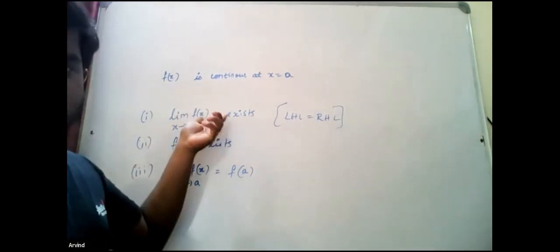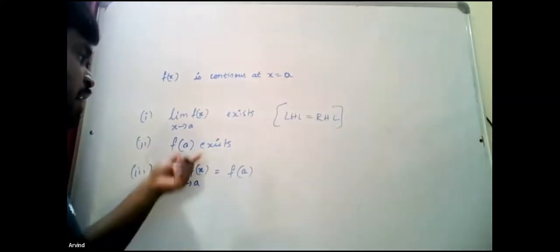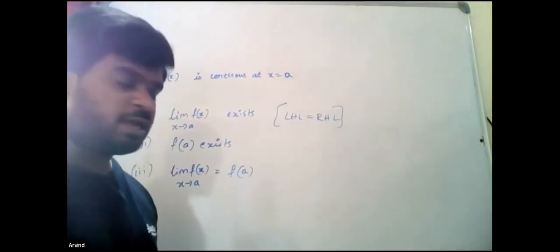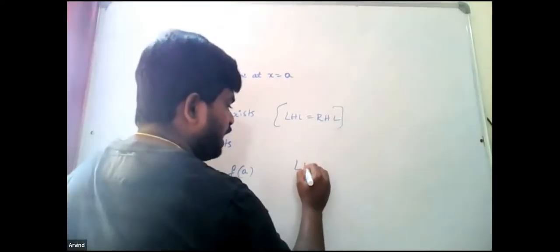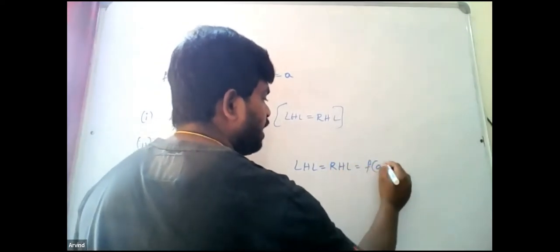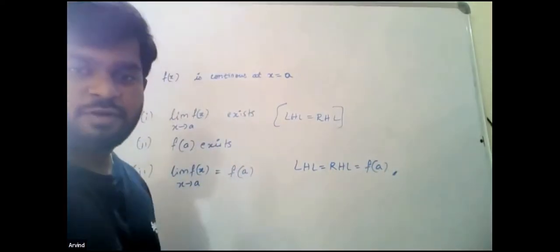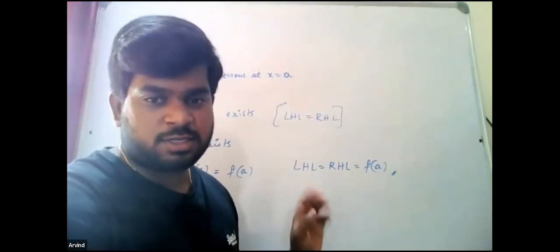The limit should exist, so LHL and RHL are equal, f of a should be defined, and these two values should be equal. In general, if LHL is equal to RHL and it is equal to f of a, then we say the function is continuous at x equal to a. This is the definition of continuity.